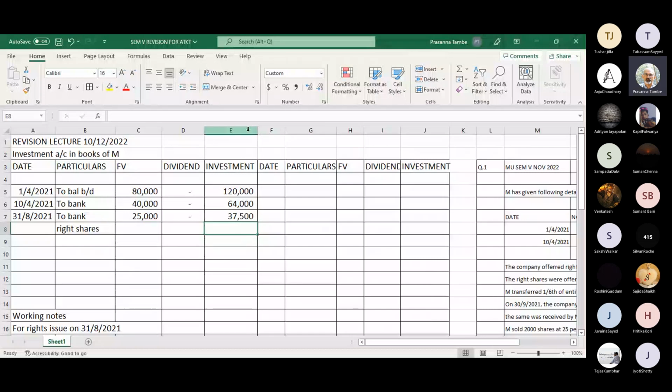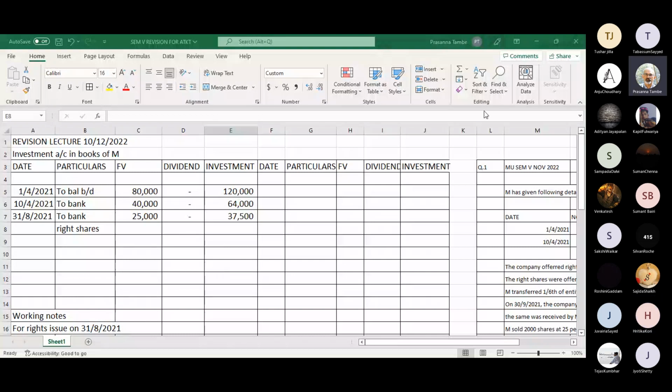Have you understood this entry? Yes? Are you clear about this entry for investment? Can someone confirm? Yes, sir.